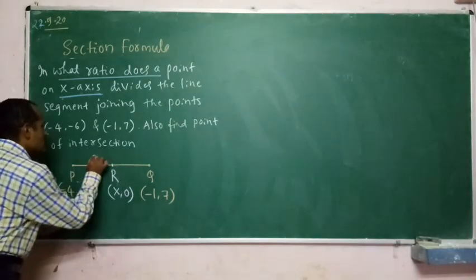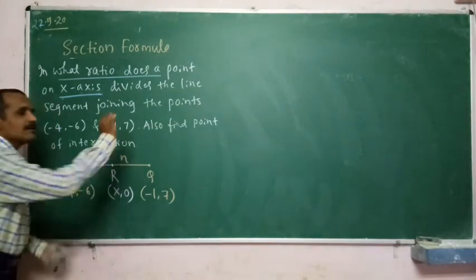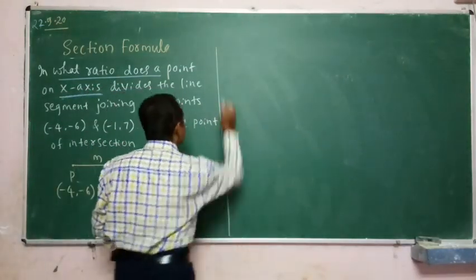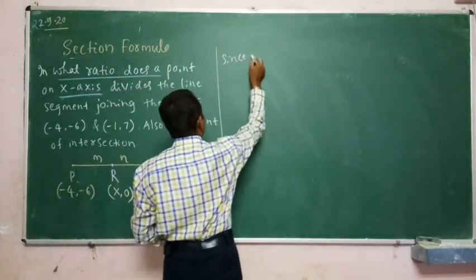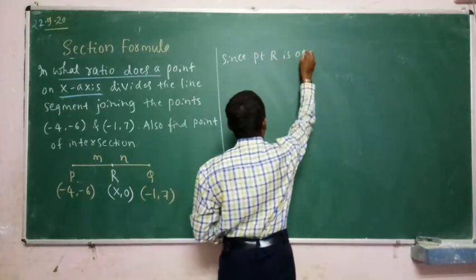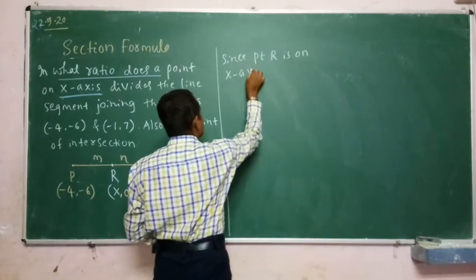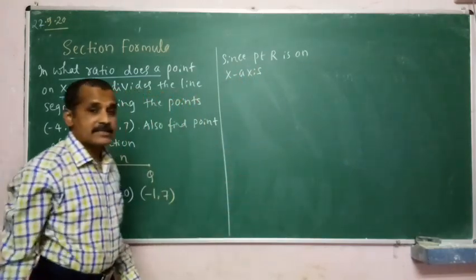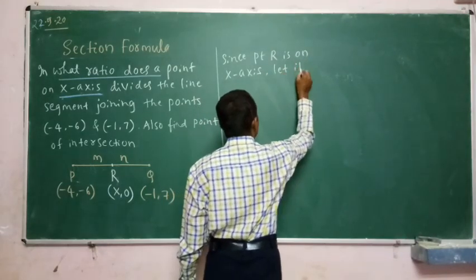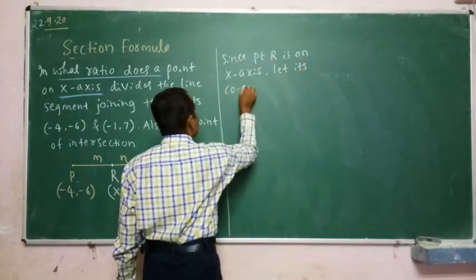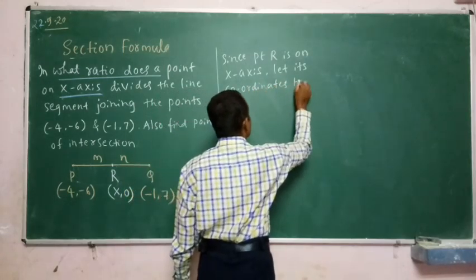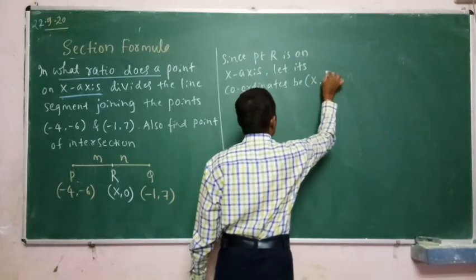And I write the ratio as m is to n. Since point R is on the x-axis, let its coordinates be x, 0.